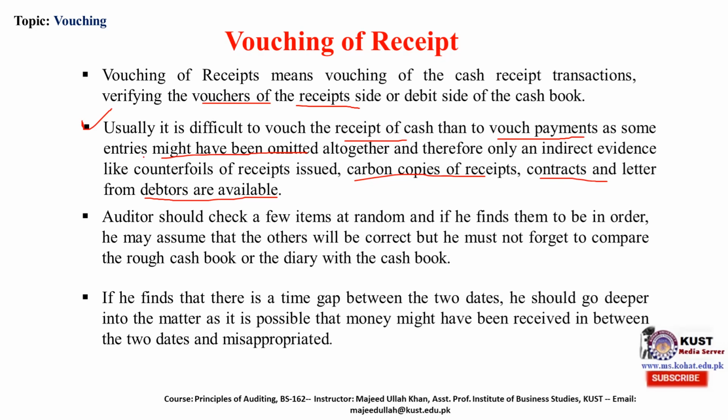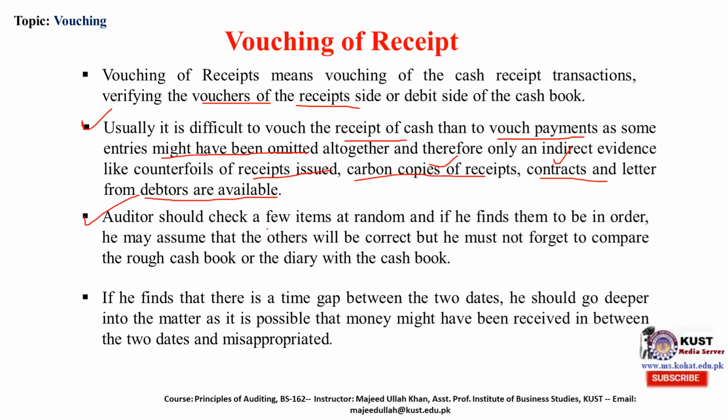So what the auditor would do, the auditor is suggested to check the counterfoils of the receipts issued, any carbon copy of the receipts, a contract with that specific customer, or any letter from the debtor available to the auditor.